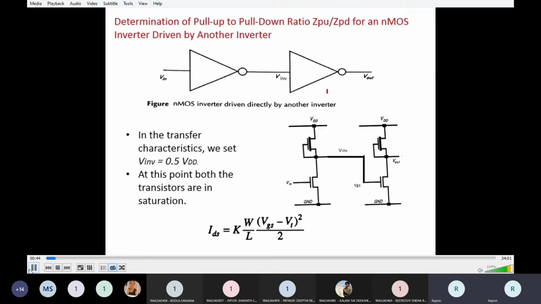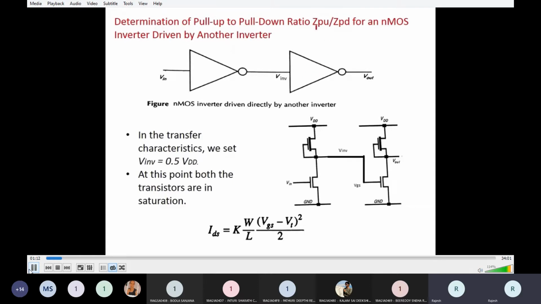So to drive this inverter 2, this inverter should have a pull up to pull down ratio of a certain factor. So what is the minimum value of that? That we are going to derive. If the pull up to pull down ratio is greater than or equal to that value, then only this inverter 1 is able to drive the inverter 2.